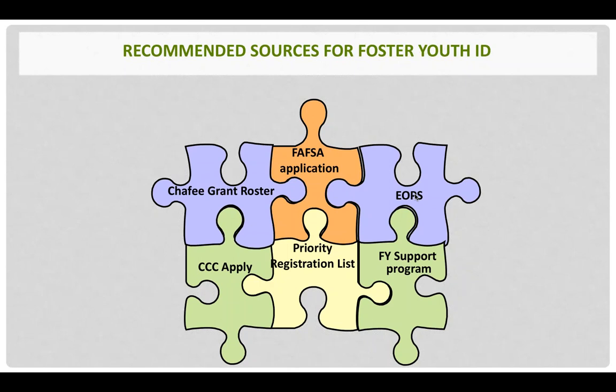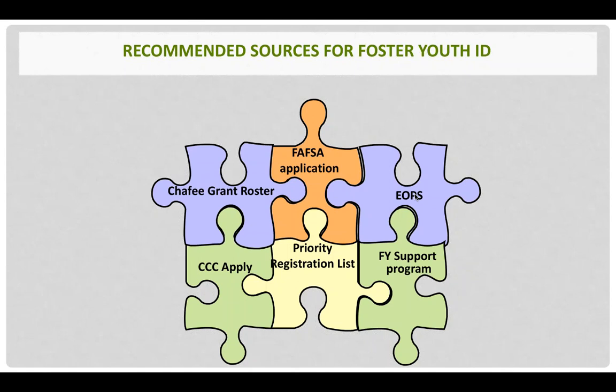There are also things like priority registration lists, and EOPS rosters, where EOPS coordinators may know that there are certain foster youth who don't seem to be represented in the original application file. There are Chafee grant rosters for those that apply for the Chafee grants.